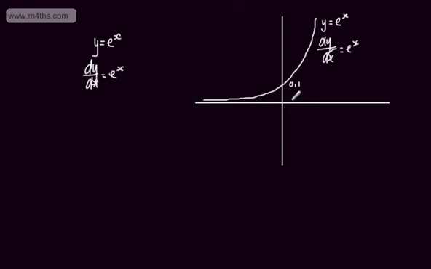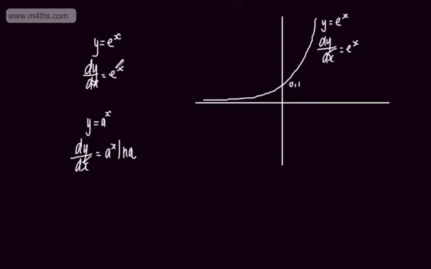In general, if we have an exponential function, y is equal to a to the x, where a is a positive constant, the derivative, as we will see in a later unit, is a to the x multiplied by the natural log of a. So let's see why we just end up with dy by dx equal to e to the x. This is certainly not a proof, but it might help you understand.